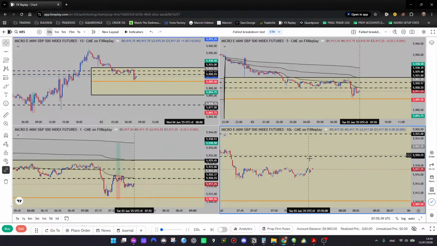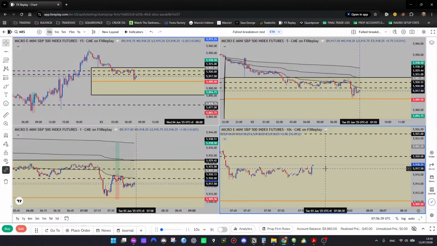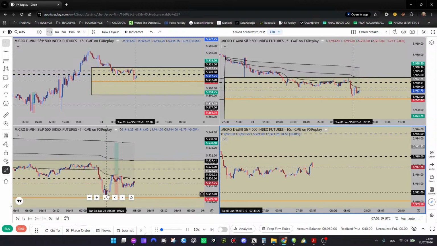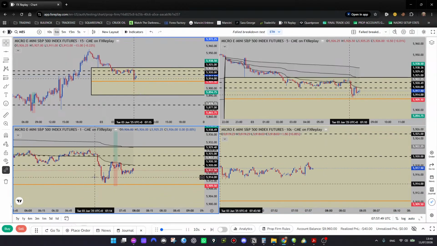And I want to see a really good acceptance, or a failed breakdown of the previous low of this one, if we see any of these.